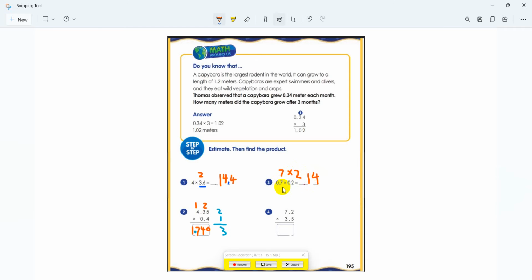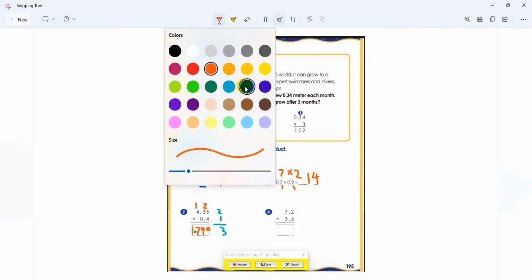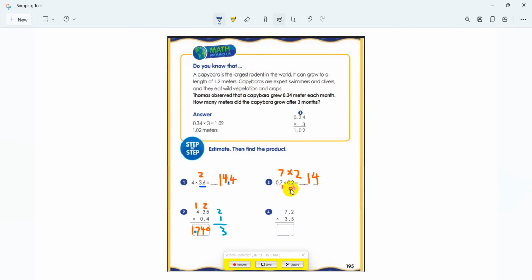Then we have the decimal point after 1 place here, and here after 1 place also. So we need to put the decimal point after 2 digits. We add the places. The decimal point should be after 2 digits, after 4 and 1. So it's out of the number from the left side. So the answer is 0.14, like that.